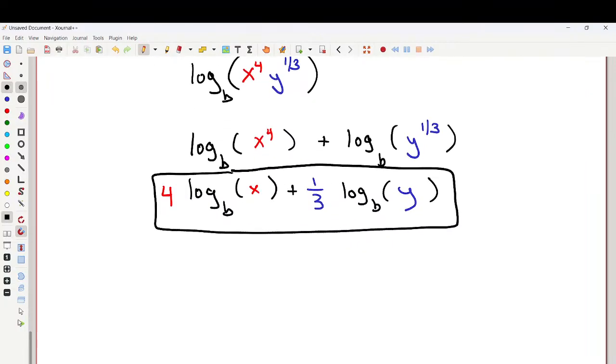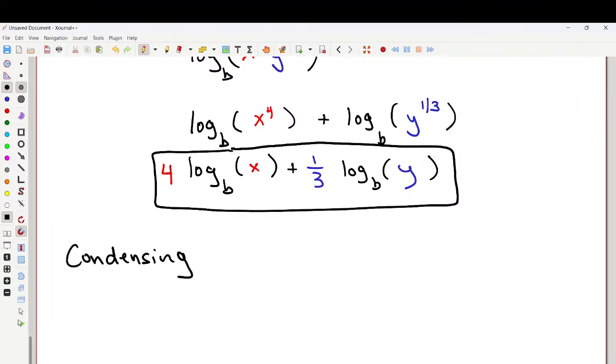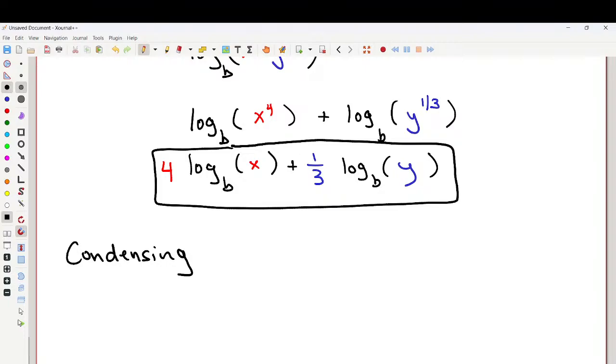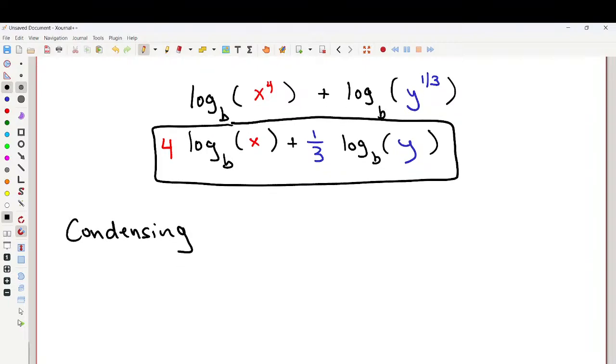All right. Now let's work the other way. Condensing. Something very simple.